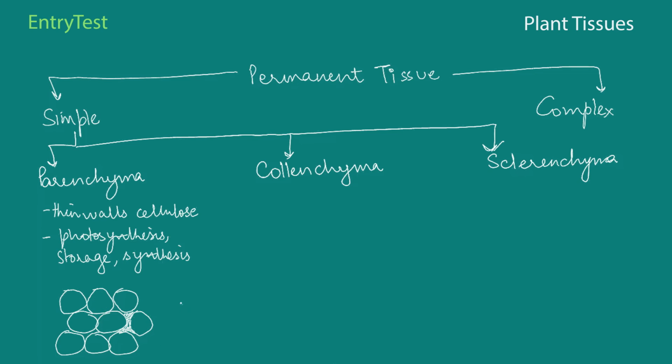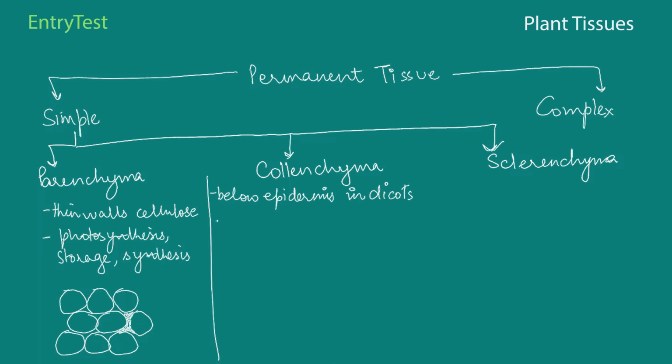Coming to collenchyma, what you need to know is that it's present in the form of a layer below the epidermis in dicots. Sometimes the collenchyma can exist in the form of one single homogeneous layer, and sometimes in the form of patches.